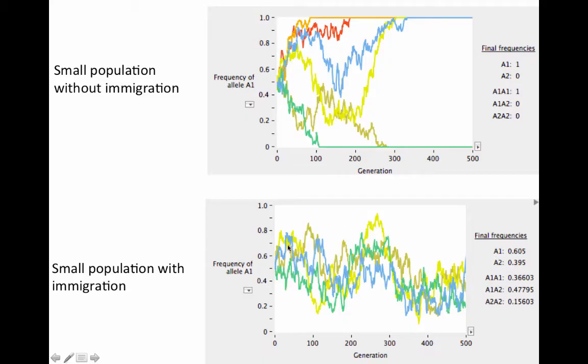So one of the things that conservation biologists try to do is connect small populations so that if a particular allele goes extinct in a particular population, a neighboring population can resupply that population with that allele, so it doesn't go extinct globally. Because diversity is really important to maintain populations.